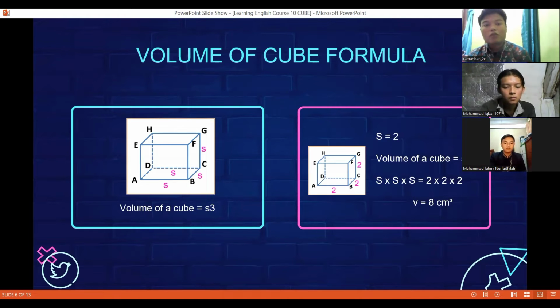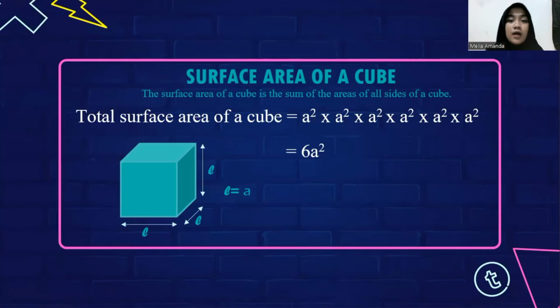As we know, the volume of a cube is S cubed. For example, if S is 2, the volume of a cube is S times S times S, means 2 times 2 times 2 equals 8. That's the volume of the cube.